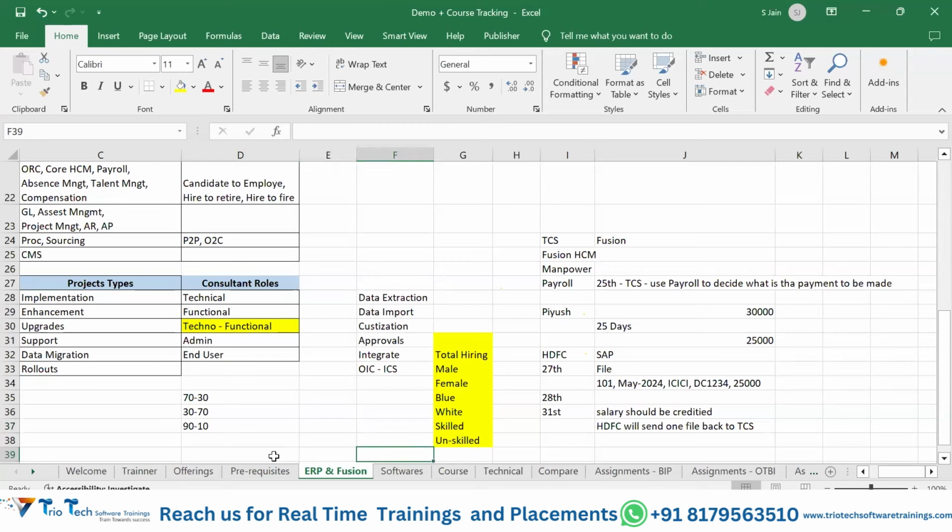So the data from the TCS Fusion software needs to be provided to HDFC's SAP software, so that SAP will read the data and understand that there is an employee Piyush, whose monthly salary is 3 lakh rupees, but since he was on leave, his actual salary for the month of November is only 2.5 lakh rupees because of 5 days of leave. So what is the amount HDFC Bank is supposed to process to Piyush's account? That is 2.5.